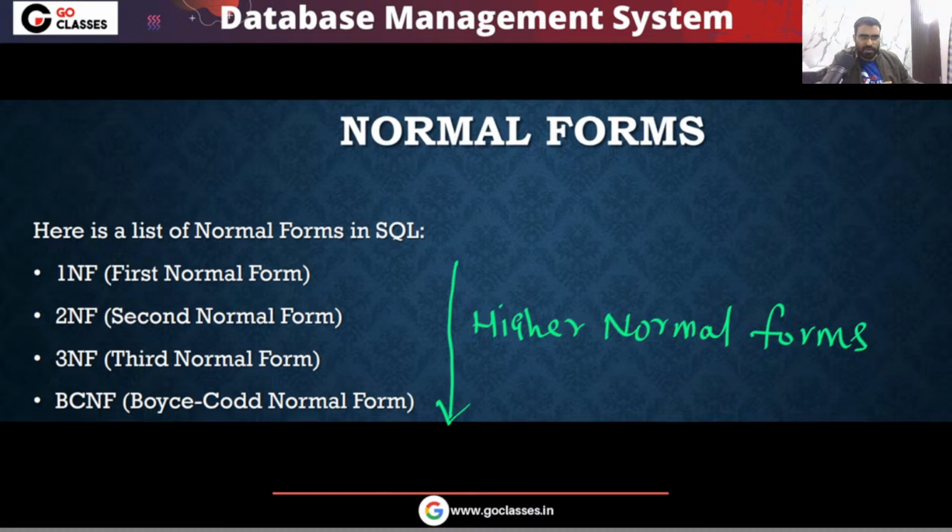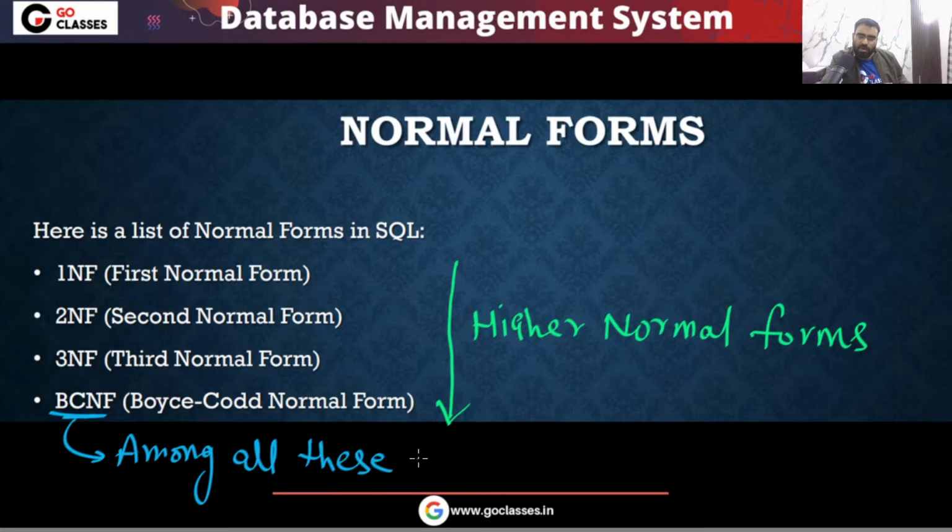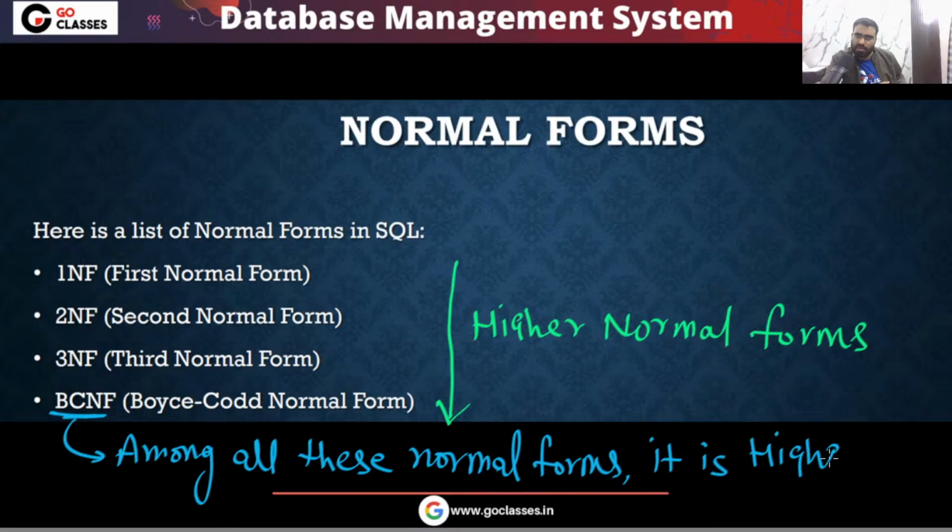For example, this BCNF, among all these normal forms, is the highest normal form. Is this clear? Among all the normal forms that we are writing here, like 1NF, 2NF, 3NF, BCNF, this is the highest normal form. So when you go in this direction, we are getting higher normal forms.